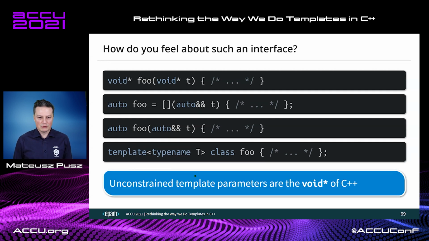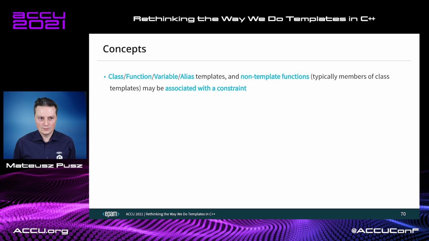I would say that unconstrained template parameters are the void pointer of C++. And we can do better, and we should do better in order to improve our interfaces. So what are concepts? Class, function, variable, alias templates, and non-template functions can be associated with some constraints.